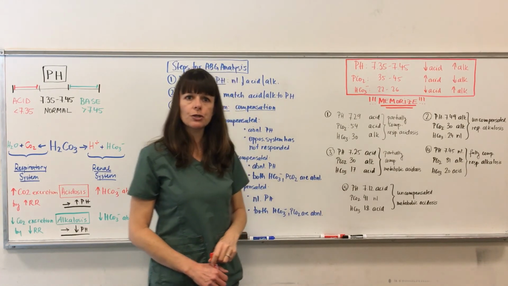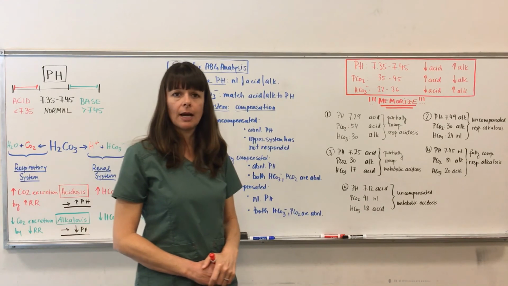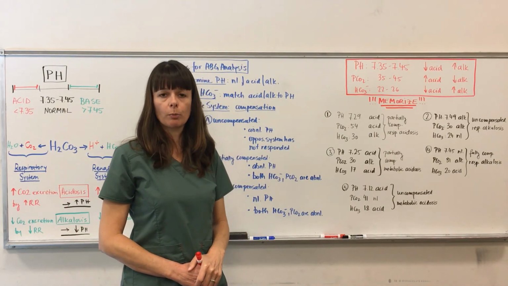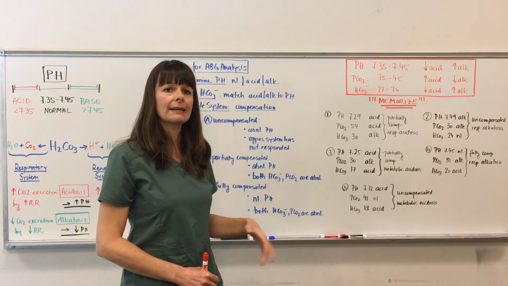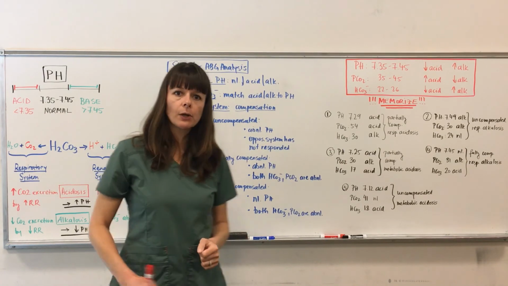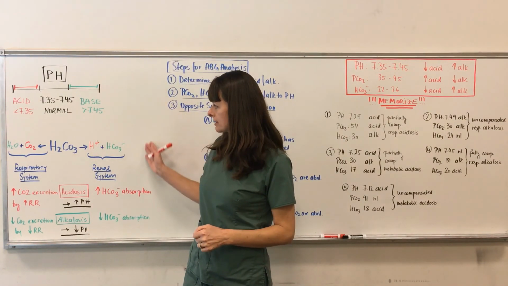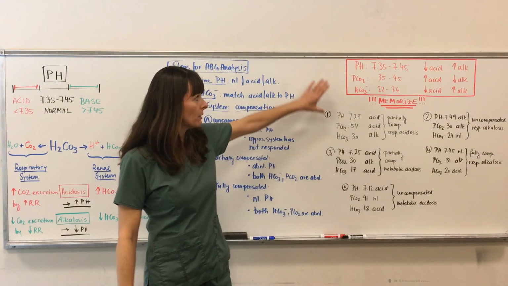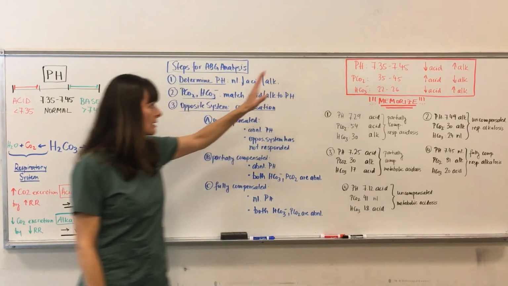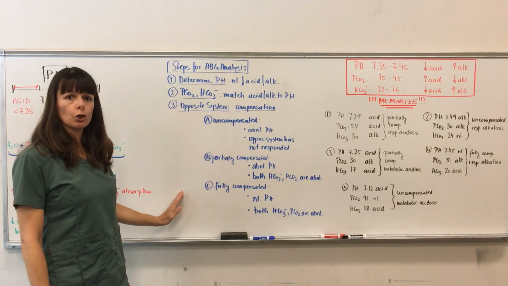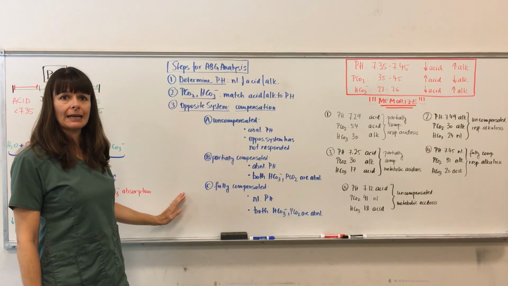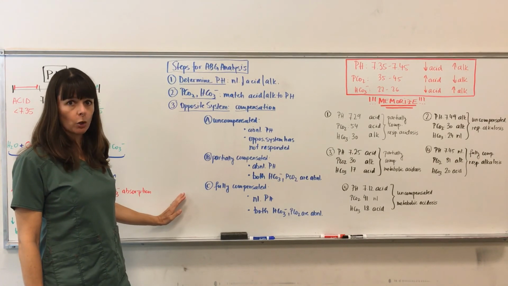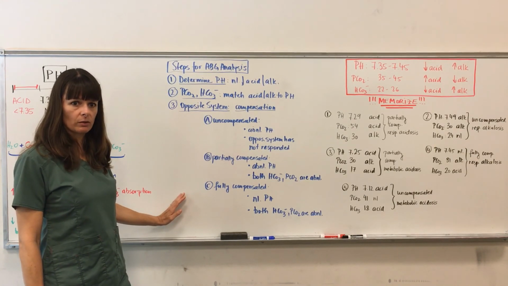I highly encourage you to look at more examples, either in one of your books, textbooks, workbooks, or online, to really apply this information. If you know the basics of how this applies to breaking down the carbonic acid and memorize these numbers as well as these steps, you really should be able to interpret any arterial blood gas that is maybe on a quiz or that you want to practice with.